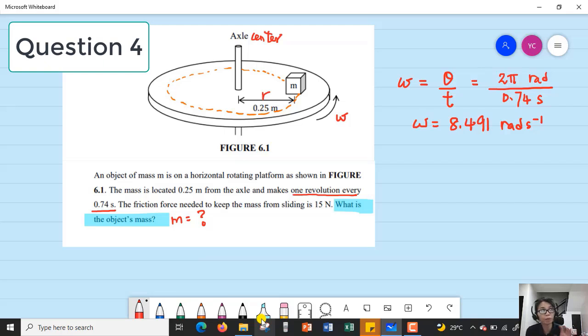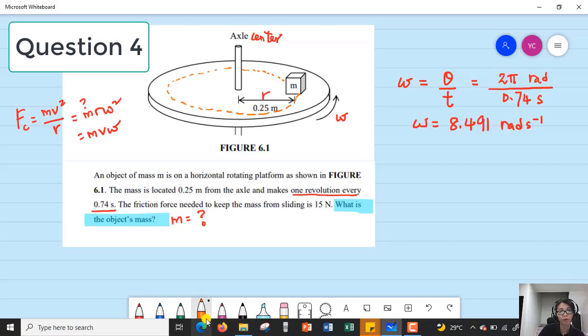Since the object performs circular motion, we have to identify what forces point towards the center that supply or act as our centripetal force. From there we can relate the centripetal force with the mass, because we understand the formula for centripetal force is mv squared over r, or mr omega squared, or mv omega. So if we want to get the mass, we need to know what force acts as our centripetal force, which allows the mass to perform circular motion.